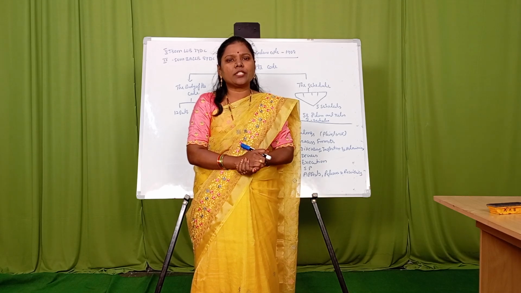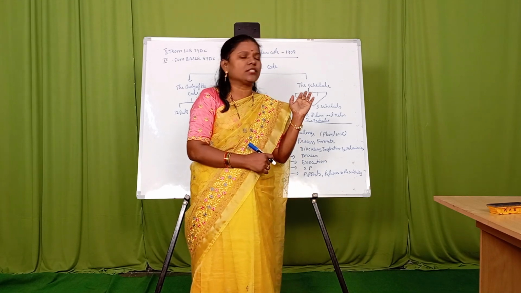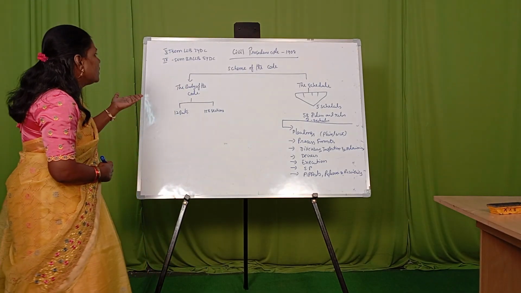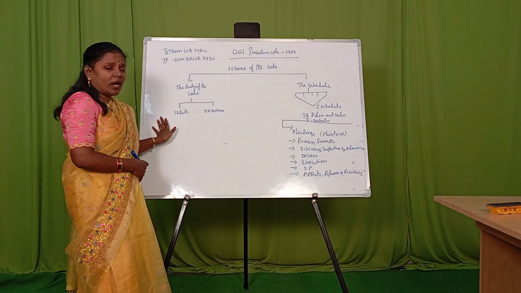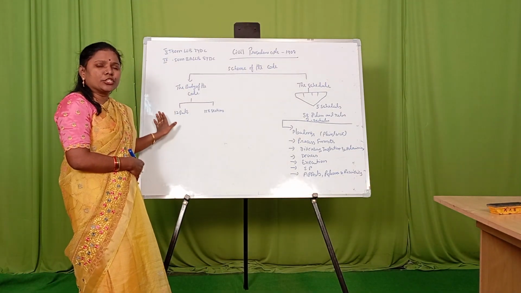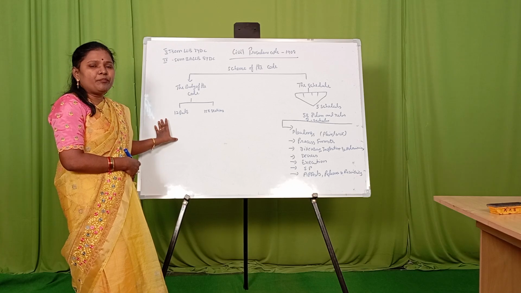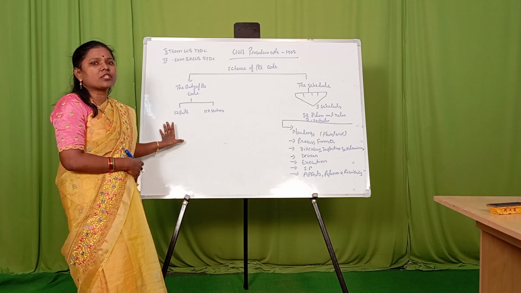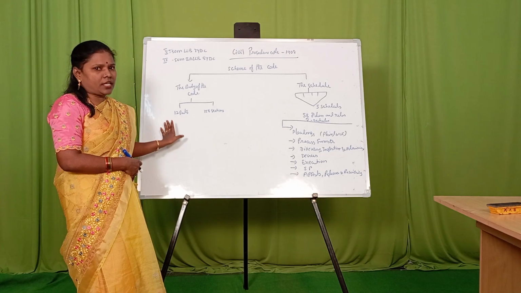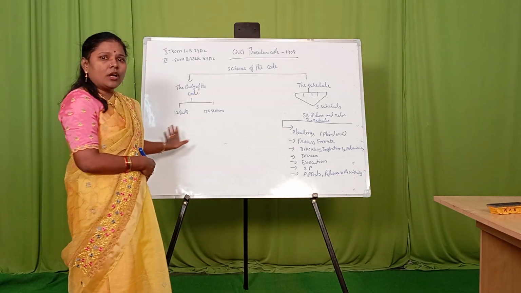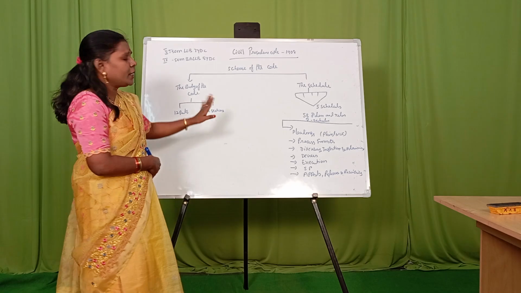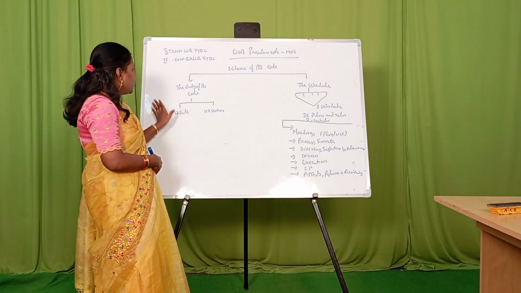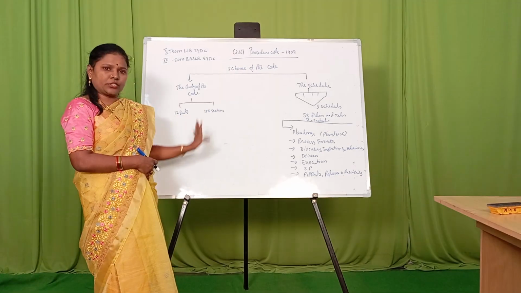But today I am going to discuss the scheme of the act. This act was passed on 31st March 1908, but it came into force on January 1st 1909, and the total act is divided into two parts. One is the body of the code, another one is the schedule.